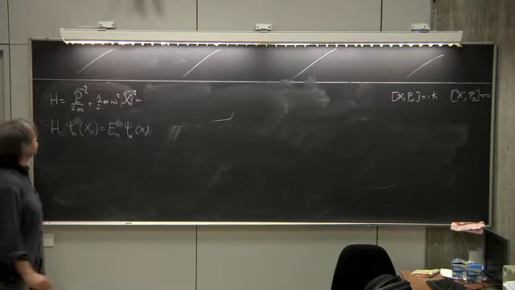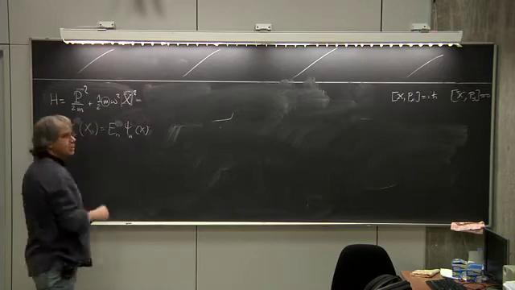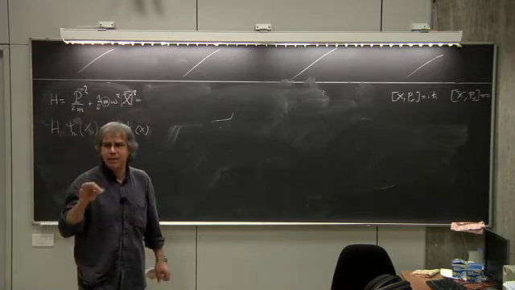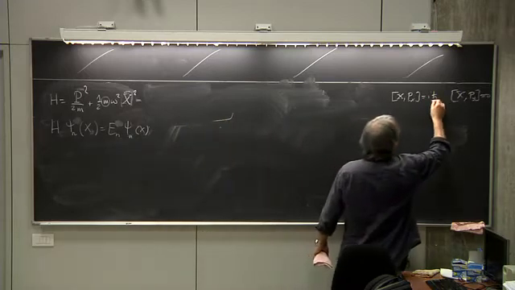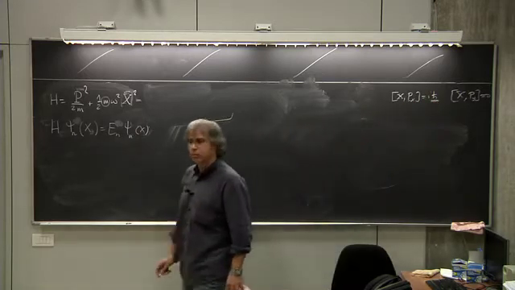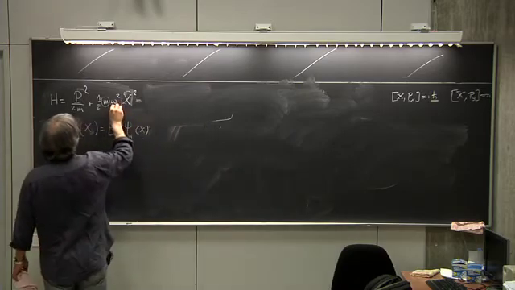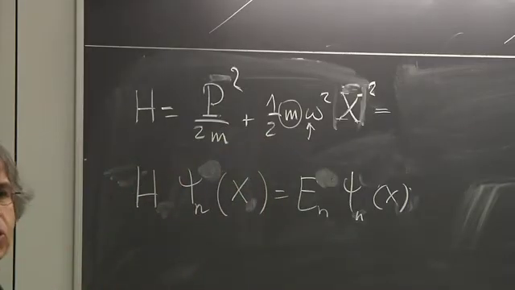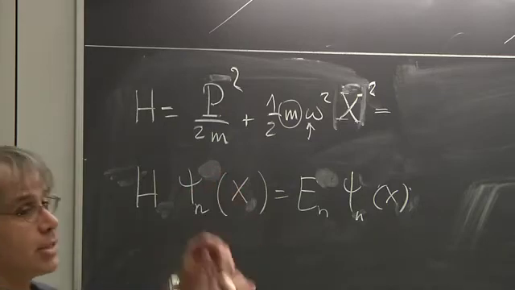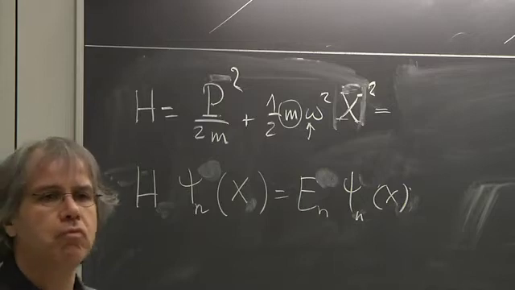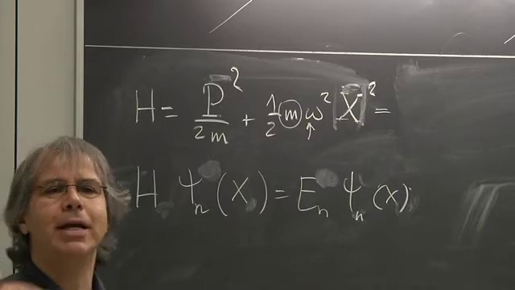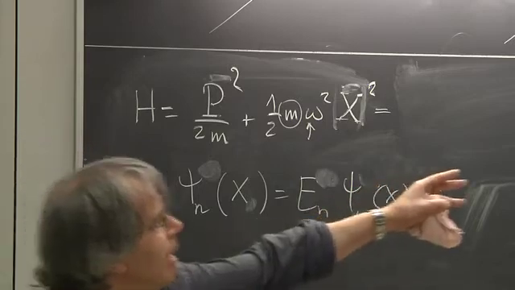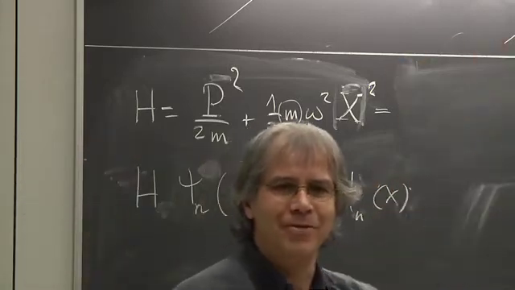After all, you see, there is a mass in this problem. This mass could be the mass of an electron or the mass of whatever light particles you have there. There is an h bar in the problem because x and p do not commute. There is an omega in the problem. So several quantities that might have numbers like 10 to the minus 31 kilograms, or 10 to the minus 34 for h bar.